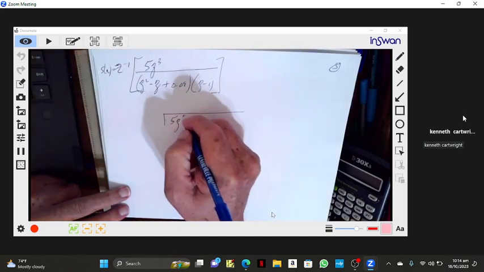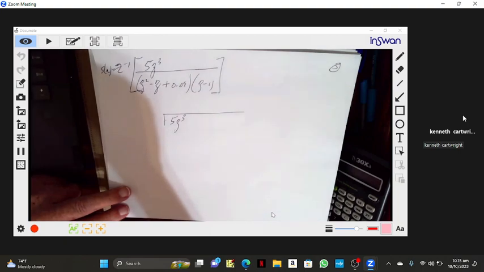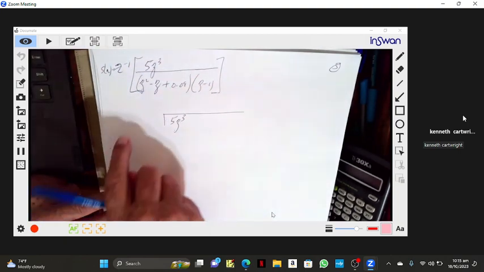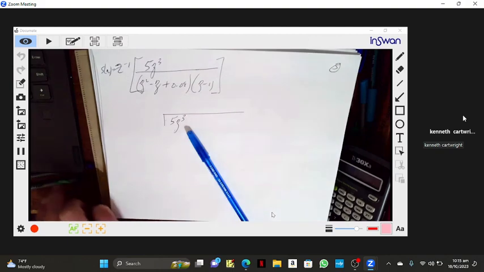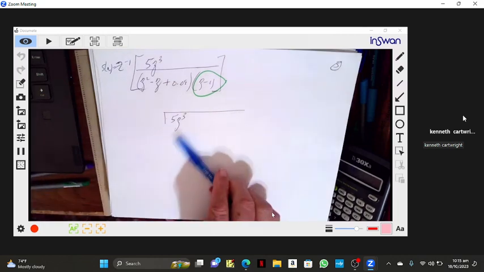So what do we divide 5z cubed by? What do we divide 5z cubed by? Z squared minus z plus 0.09. Really? That's what the top says? So you're just throwing this away? Is that what you're going to do?